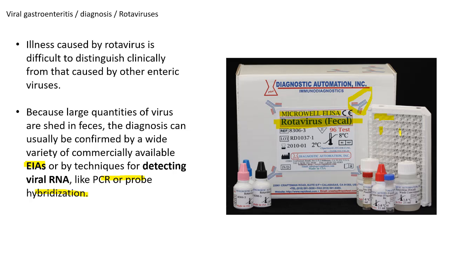And in places where you do not get a signal, then it's probably not caused by rotavirus, because you could not detect the antigen of the virus. Okay, you don't have to go into details on this, but you should know that detection takes place using PCR mostly, or through enzyme immune assays.